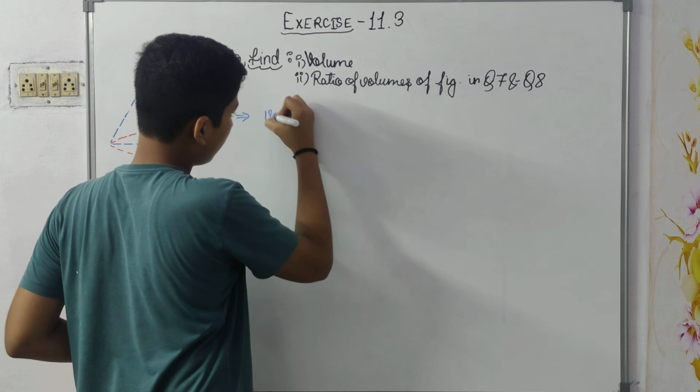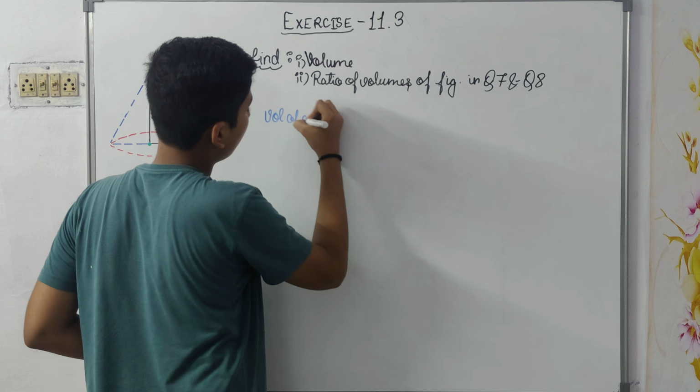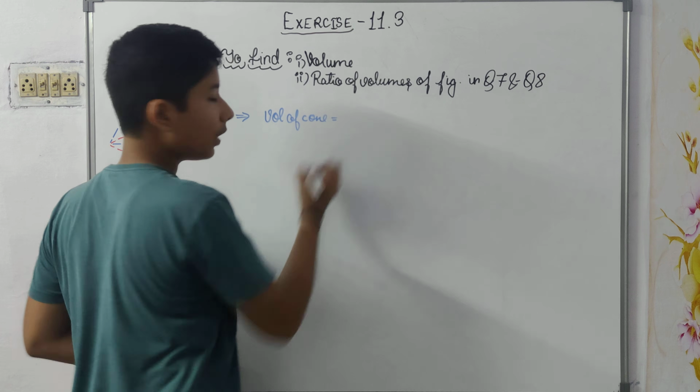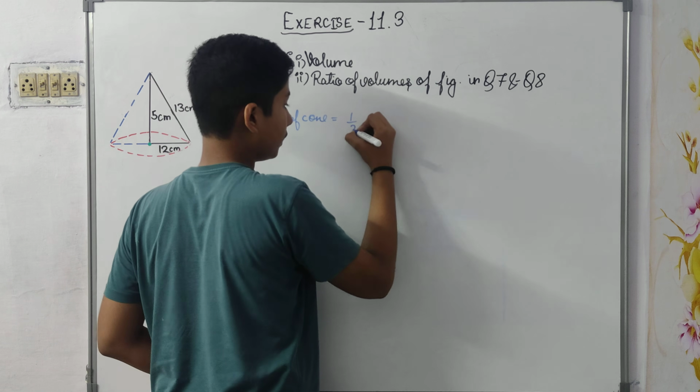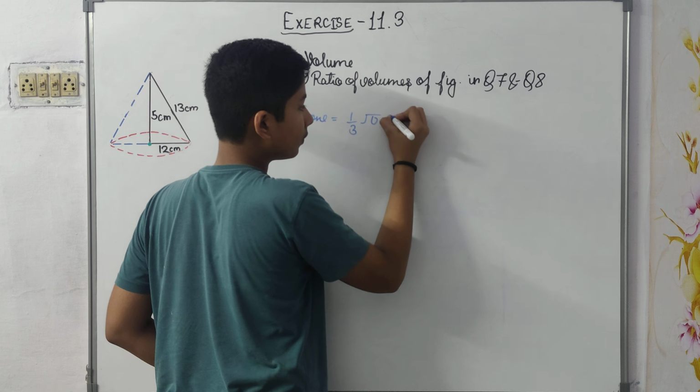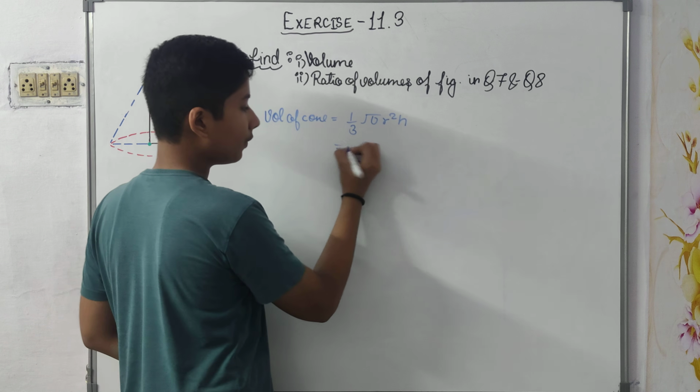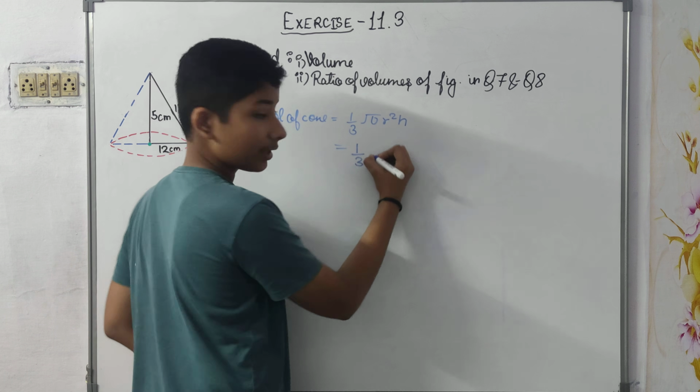Now the volume of a cone is again 1/3 of pi r square h. Again let it remain pi.